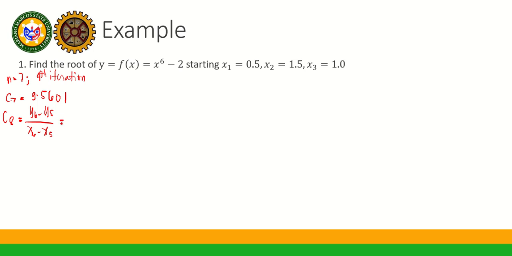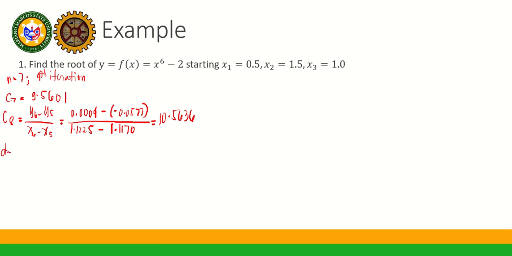And this will be equal to, what is our y sub 6? That is 0.0004 minus y sub 5 natin, negative 0.0577 all over x sub 6 natin is 1.1225 minus x sub 5, 1.1170. And this is equal to 10.5636.